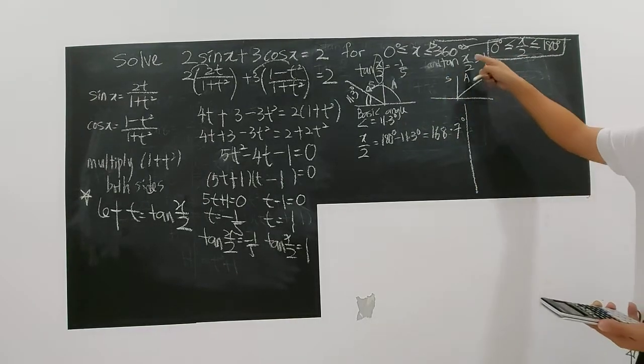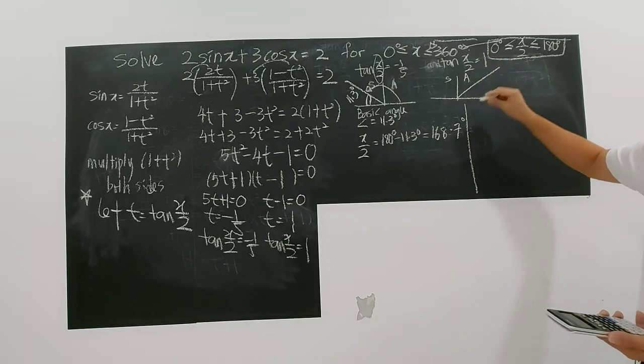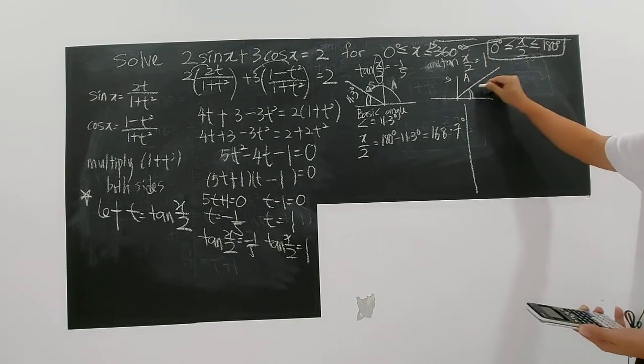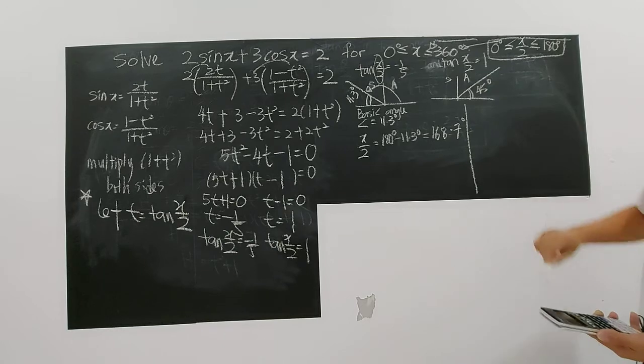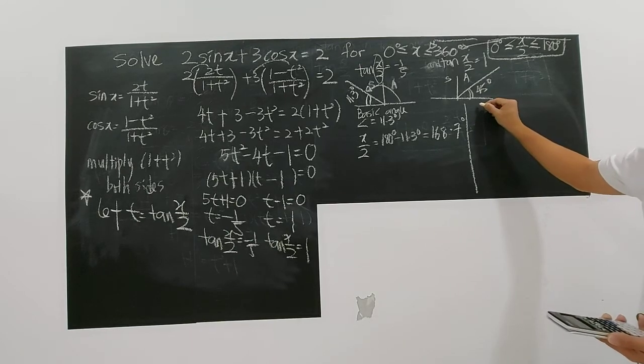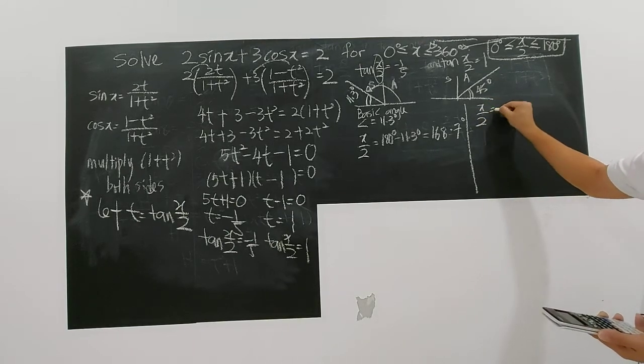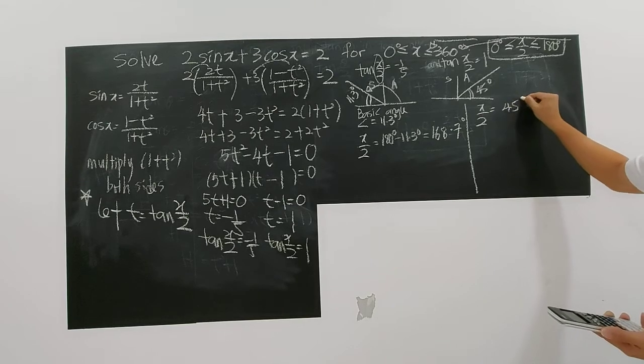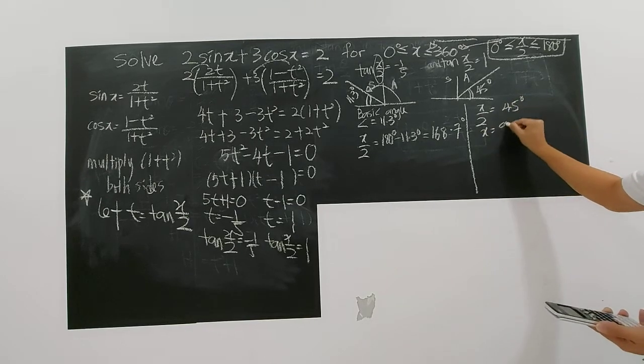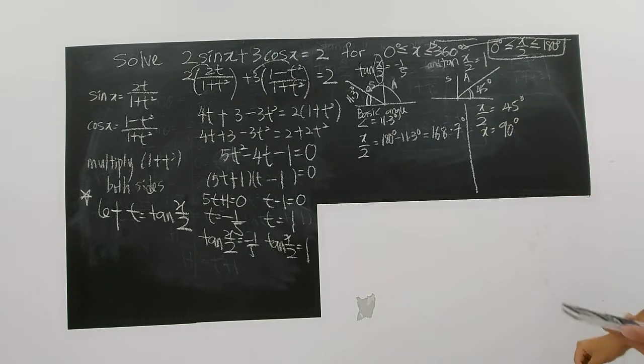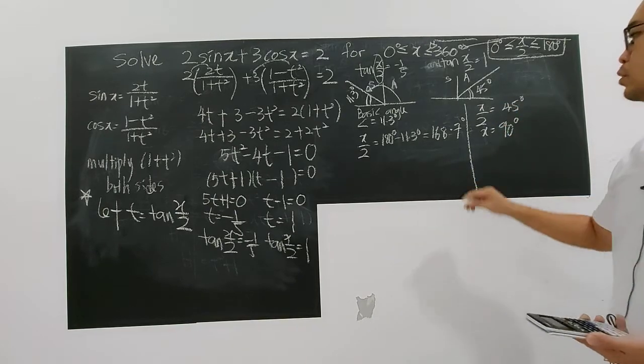So how about this part? Tangent x over 2 equals to 1, so the basic angle here will be 45. I know that x over 2 is in the first quadrant, 45 degrees. So I got x equals to 90 degrees, as I multiply by 2.